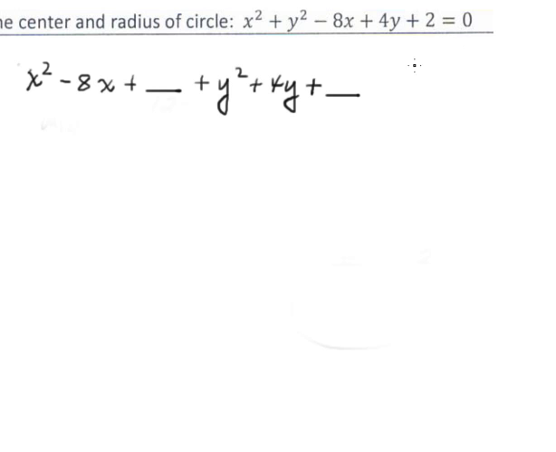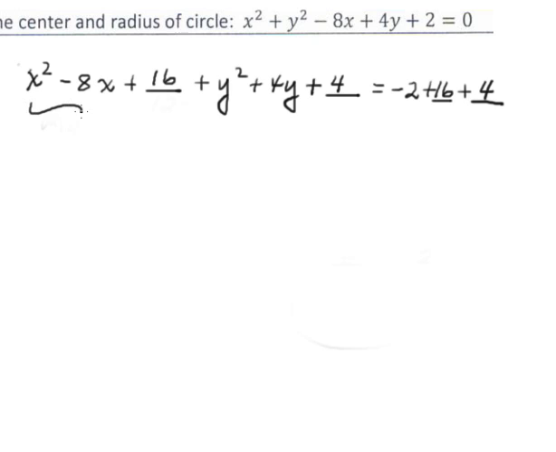We'll subtract the constant term, subtract 2 from both sides, and put 2 blanks on the right. Now completing the square, we take half the middle term, that's 4, square it, we have 16. And here half the middle term is 2, square it, and we have 4. So on the right-hand side, we're going to add 16 and 4 as well.